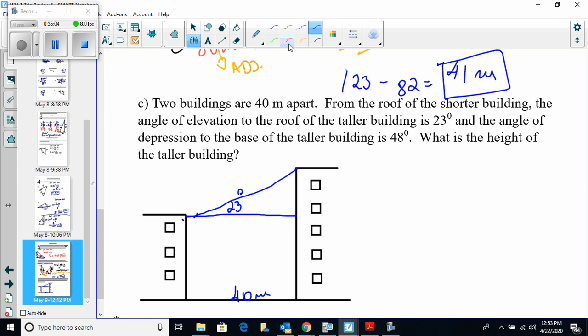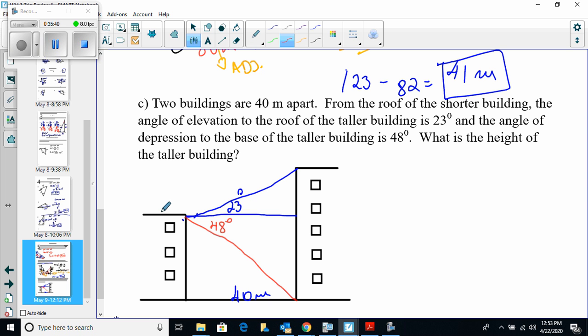And the angle of depression to the base is 48. This one here is 48 degrees. What is the height of the taller building? So again, always in geometry, because trigonometry is part of geometry, labeling the sides or the vertices of a picture will help.